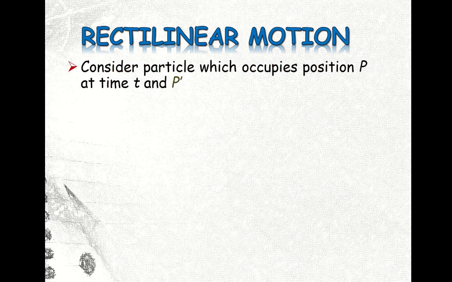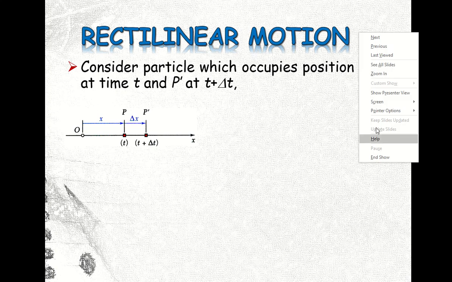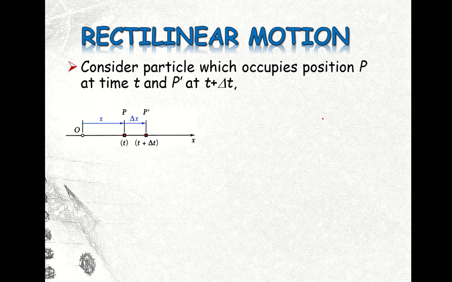Now consider a particle which occupies position P at time t. At time t, it means the particle moves from the origin, covering a distance or position equal to x, and of course it spends time.